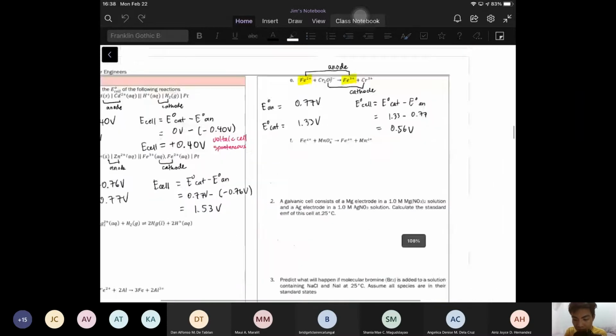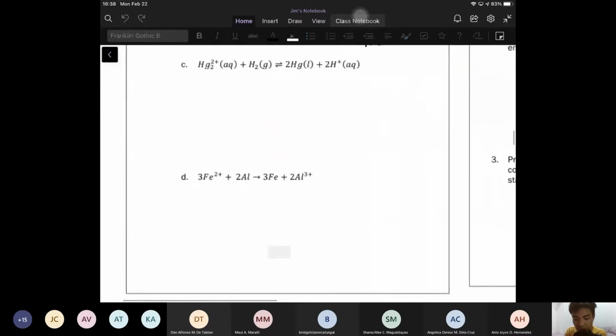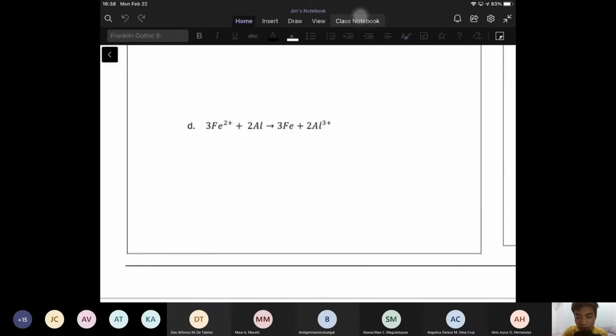Let's take a few examples here. Suppose we have this equation. For letter D, we have 3 moles of iron 2 plus and 2 moles of aluminum producing 3 moles of iron and 2 moles of aluminum 3 plus.